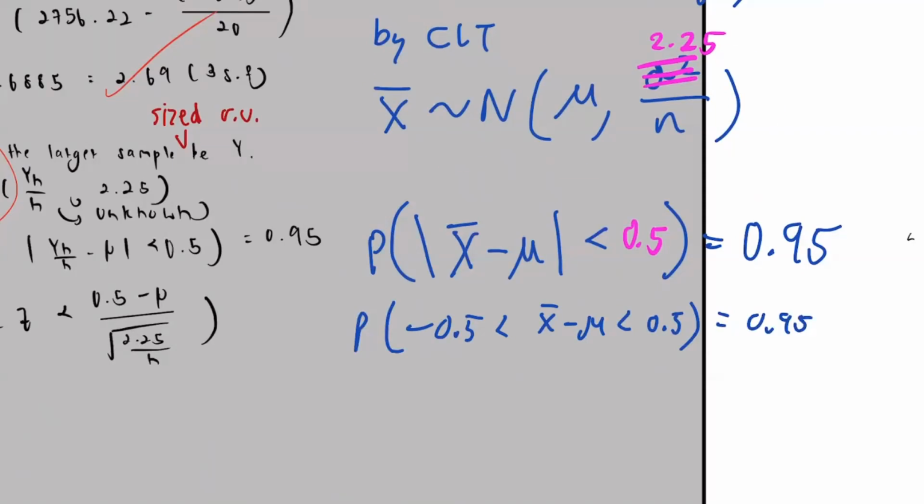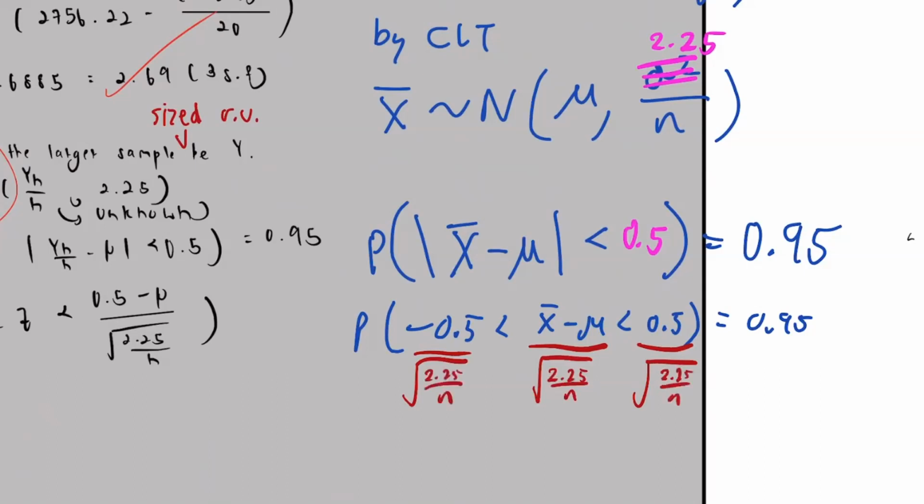Also, x bar, if we try to standardize, we have to subtract away its mu, then divide by its standard deviation, which is the square root of its variance. So we're going to divide by the square root of its variance throughout the inequality.